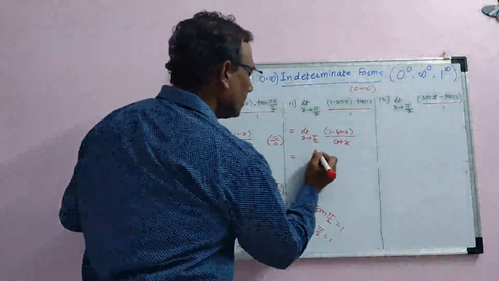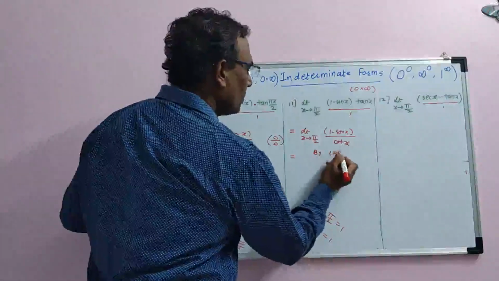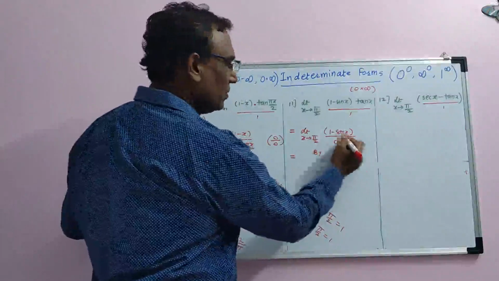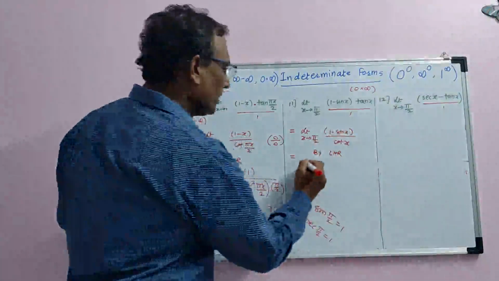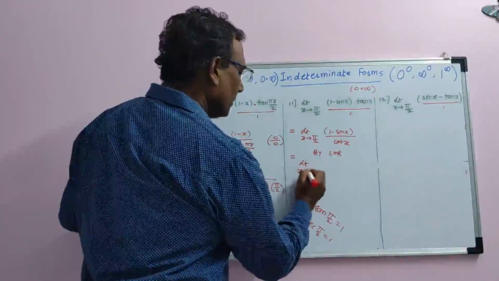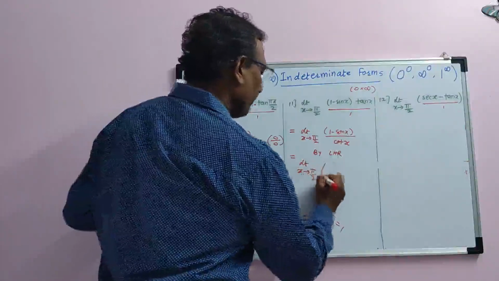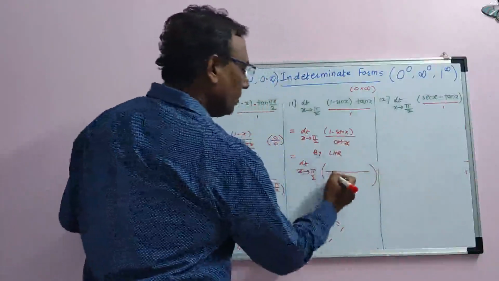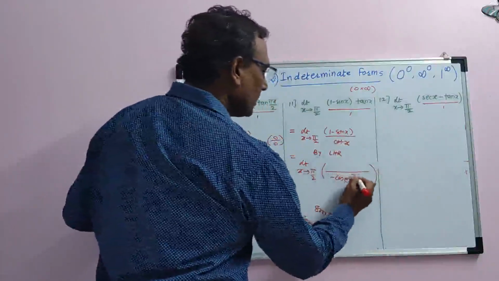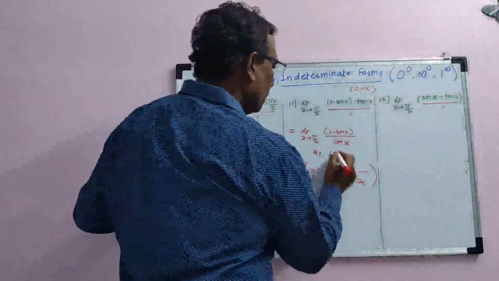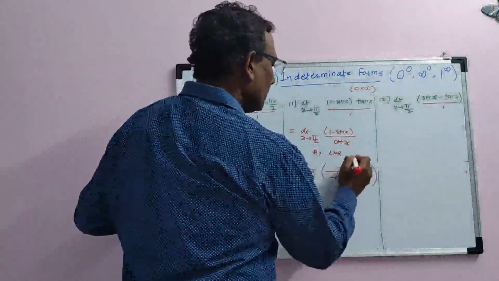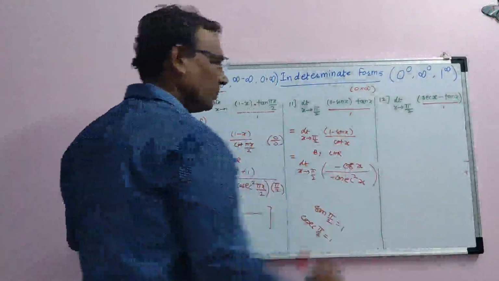Now by L'Hospital rule, because cot pi by 2 is 0 and 1 minus sin pi by 2 is 0, limit x tends to pi by 2. The derivative of cot x is minus cosec square x, the derivative of 1 is 0, and the derivative of sin is cos x.